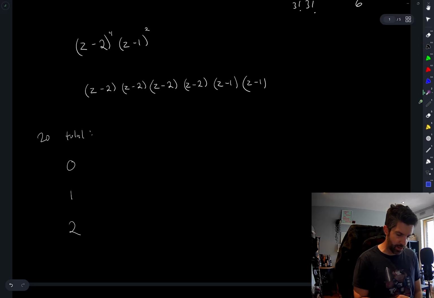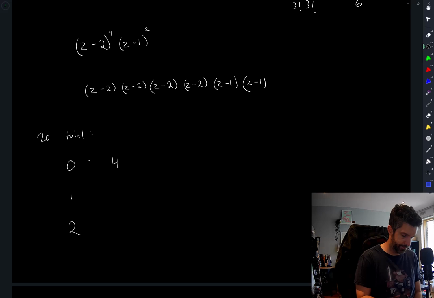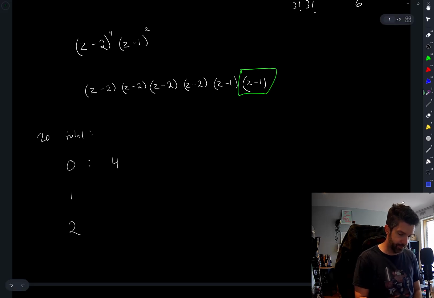So I want to count how many combinations of all these things have neither of those. That's going to be 4 choose 3, right? Which should be 4. How many combinations have exactly one of these? Well, let's say it's that one, and then we have 4 choose 2.